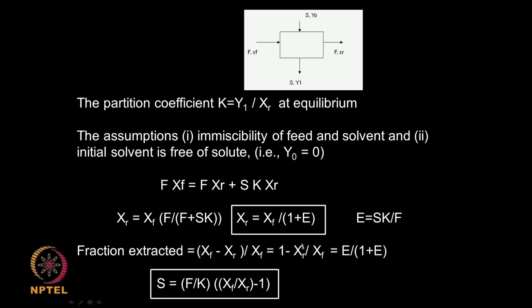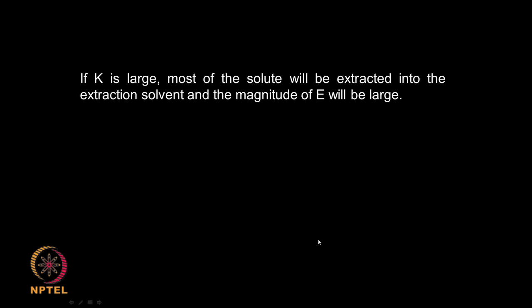If you take this and substitute here, you will end up with E by 1 plus E. So, fraction extracted is E by 1 plus E, it is very simple to calculate, and E is equal to SK by F. And if you want to know how much solvent S I will require to extract a certain amount, I just have to rearrange this. So, I will get an equation like this, S is equal to F by K times (XF by XR minus 1). So, all these equations are very important and we are going to do some problems using them.